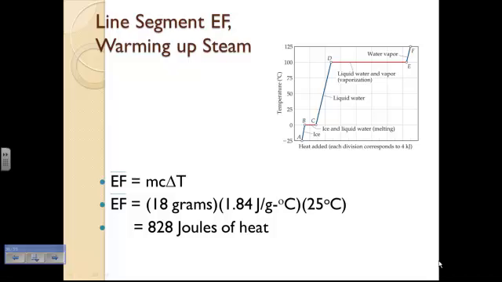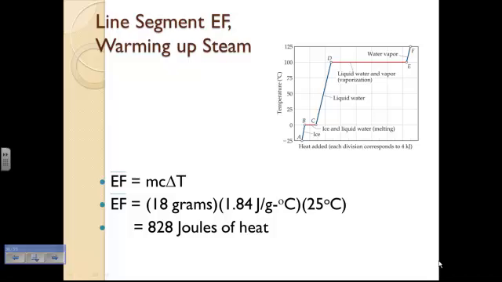Notice the specific heat. Make sure you're grabbing the specific heat of steam provided in that first bullet of information we read through earlier, 1.84 joules per gram Kelvin, or joules per gram degree Celsius, 2 units that are easily interchangeable. How much does the temperature change by from point E to point F?